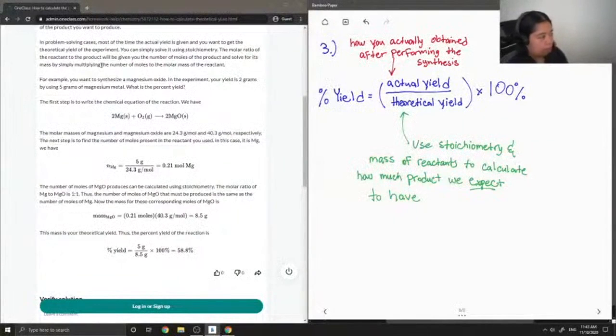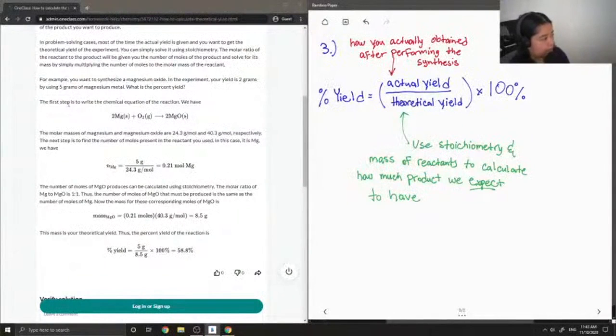So this is an example of why it's always important to make sure that your chemical equations are balanced. So here they have, for example, you want to synthesize a magnesium oxide. In the experiment, your yield is 2 grams by using 5 grams of magnesium metal. What is the percent yield?